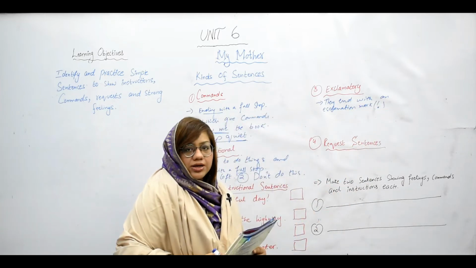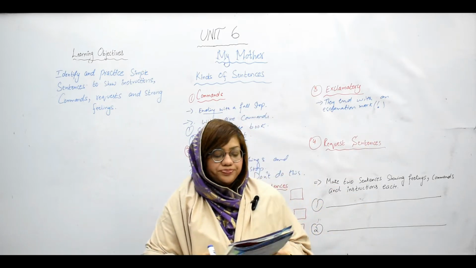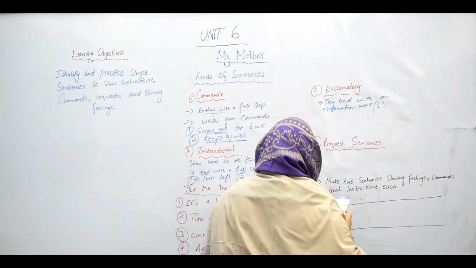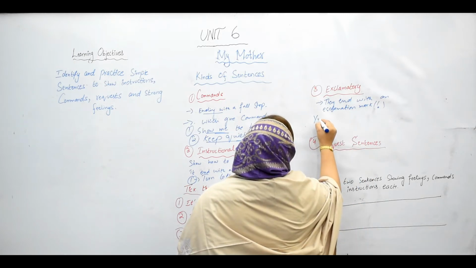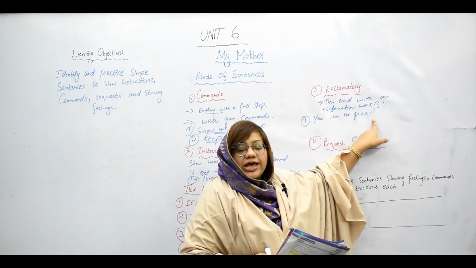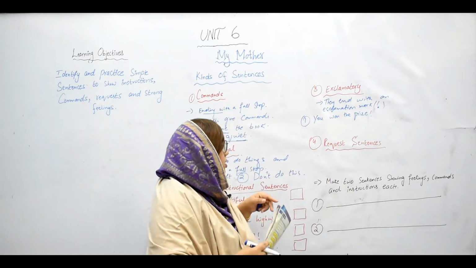You can see this mark. This mark is called an exclamation mark. I'm giving you some examples of this. You won the prize! At the end, this sentence ends with an exclamation mark, not with a full stop.